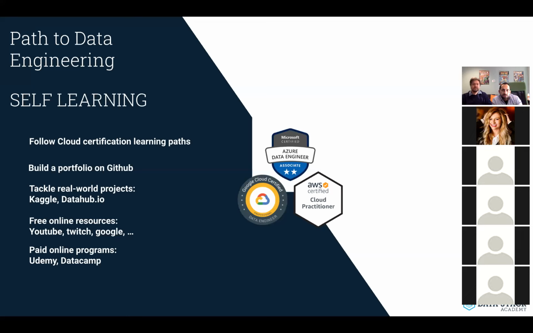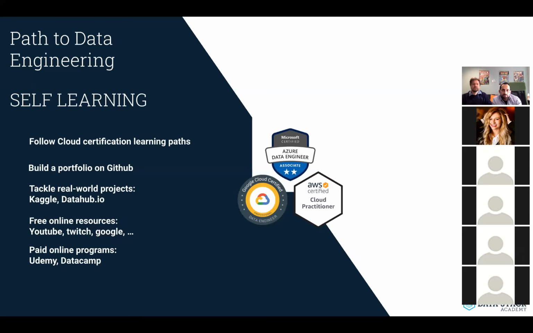Of course, there are a ton of paid online self-learning sources like Udemy, Coursera, DataCamp. They're great resources. They're low budget resources. They range between about $200 to $1,500, $2,000 for the courses that they have.